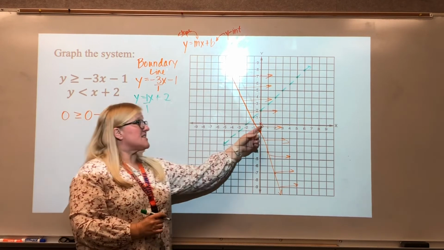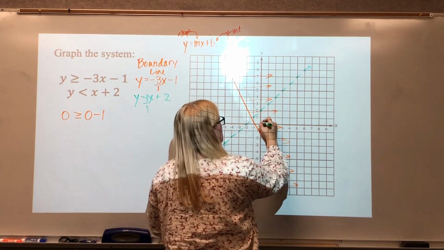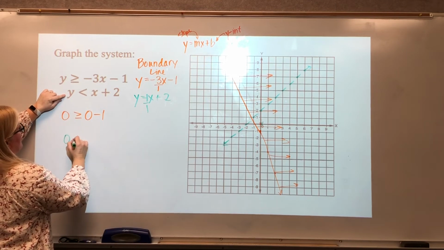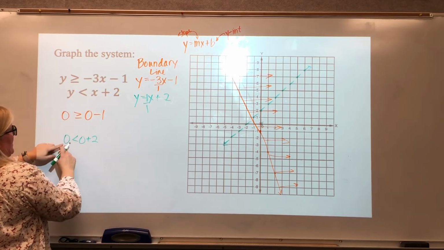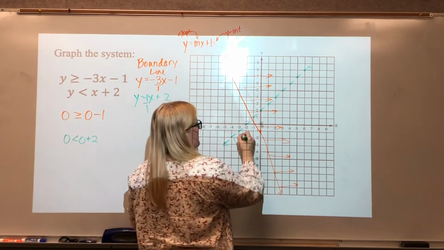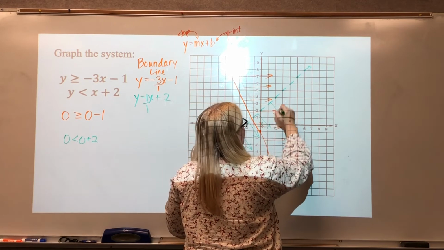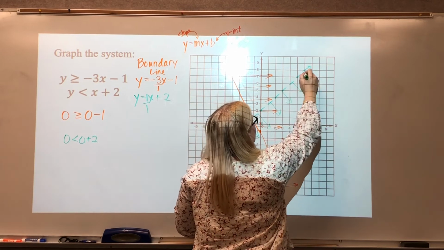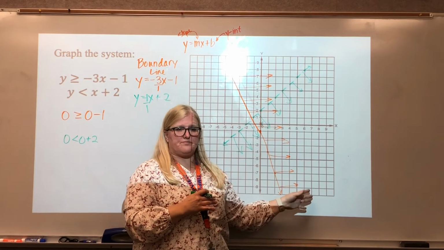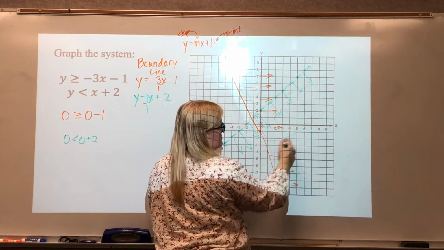Okay, and again, it doesn't go through (0, 0), so I'm going to test (0, 0). So I have 0 is less than 0 plus 2. Is 0 less than 2? Yes. So I'm going to shade this side. And what I'm looking for then is where it overlaps, which is this little wedge right here.